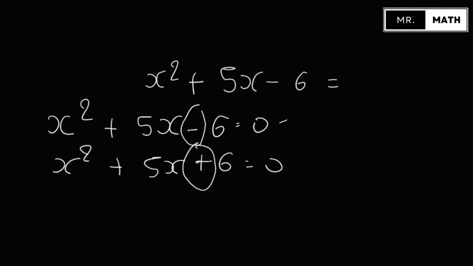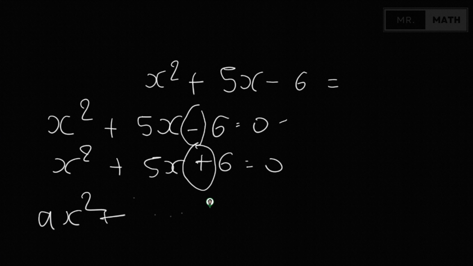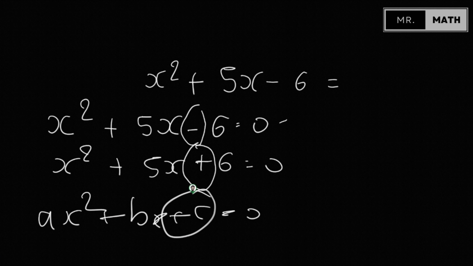Like I wrote ax square plus bx plus c before, here is the c. If c is negative, there would be minus here, and if c is positive, it would be plus here.